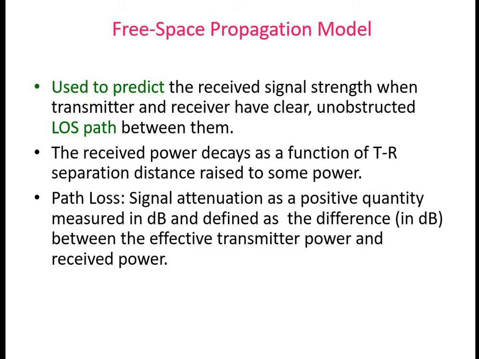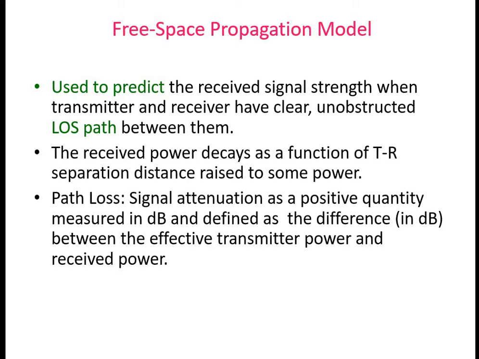The transmitter receiver separation is identified by a particular alphabet, that is d. So d is the distance of separation between the transmitter and the receiver. When we want to estimate the path loss at a particular area from the transmitter, when we check the signal power, we can know how much is the attenuation, how much is the loss.